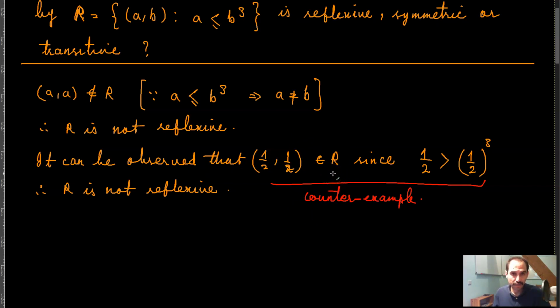Sometimes the situation is a little bit tricky, and in some of those cases, it's easier to use logic. If you can use logic, of course, you will always use logic. Otherwise, if you can use a counterexample, then you will use a counterexample. Sometimes none of those options is really easy. Then you will have to find some other way to prove what it is that you want to prove, right? So that means that R is not reflexive.